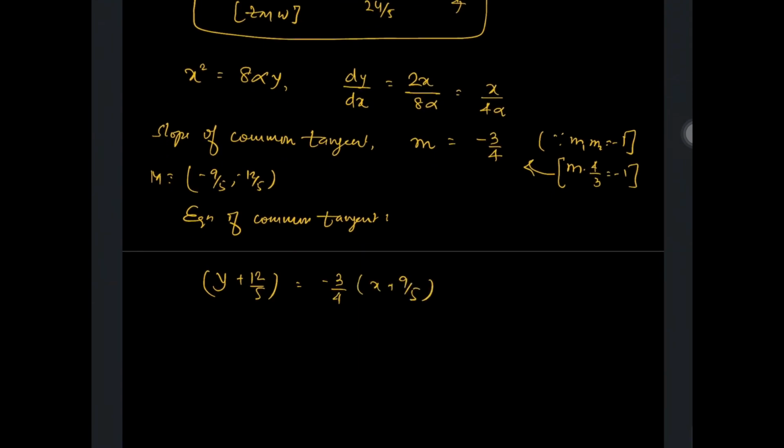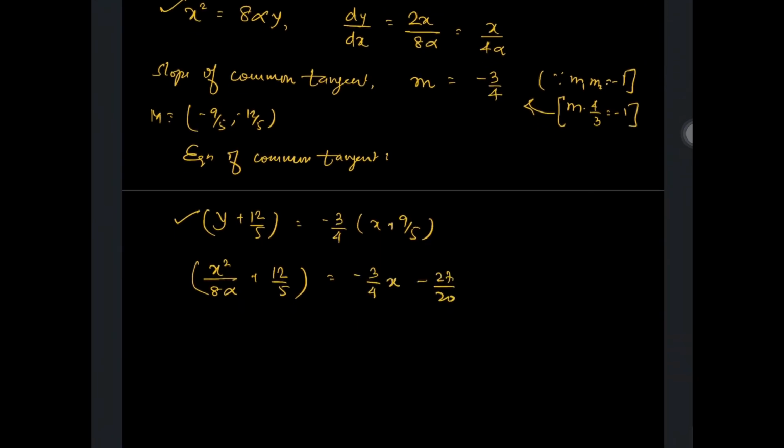Now if you solve this equation and this equation, you can write y as x square by 8 alpha, plus 12 by 5 is minus 3 by 4 x minus 27 by 20. So x square by 8 alpha plus 3 by 4 x plus 12 by 5 plus 27 by 20 is equals to 0.